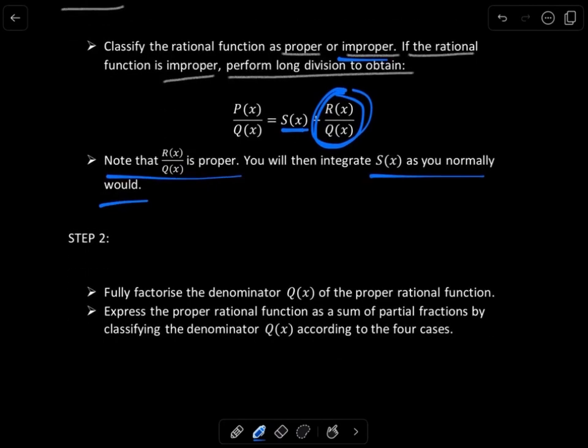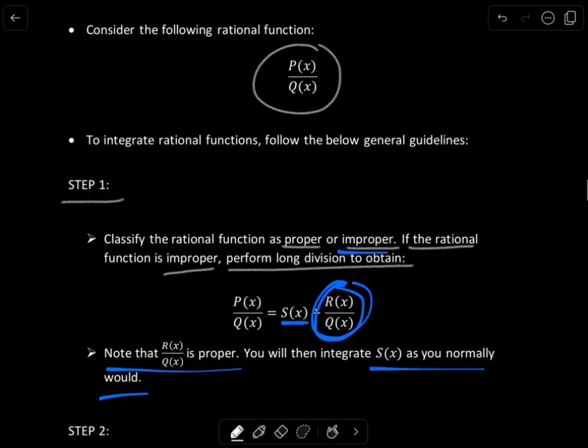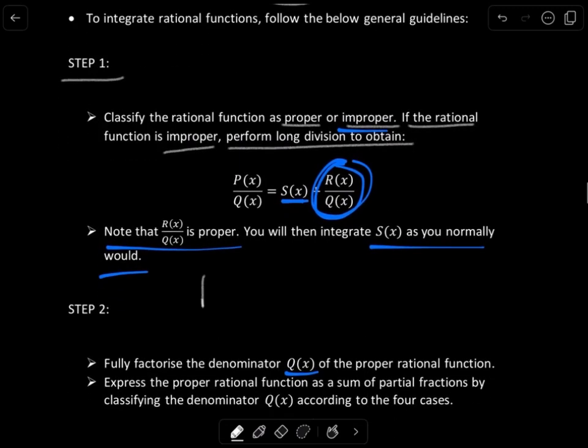Step 2, you need to fully factorize the denominator q of x. So coming back to this p of x over q of x, if it is just proper, you get the question and it is just proper, you come to step 2. You cannot perform long division on it, right?